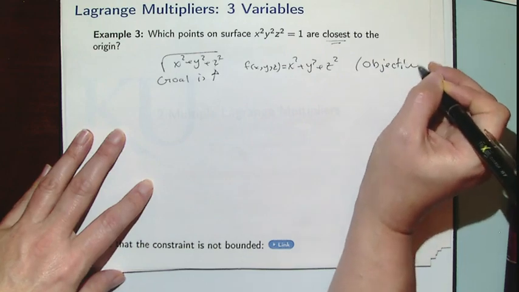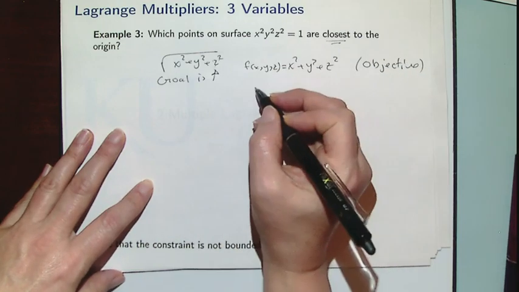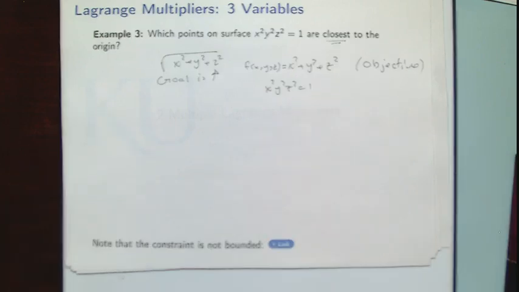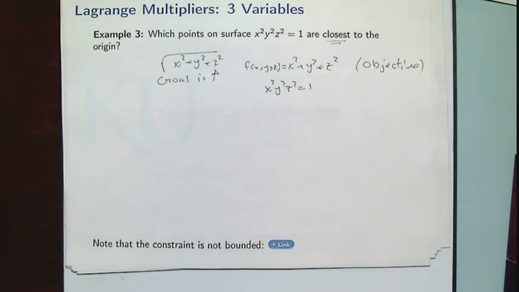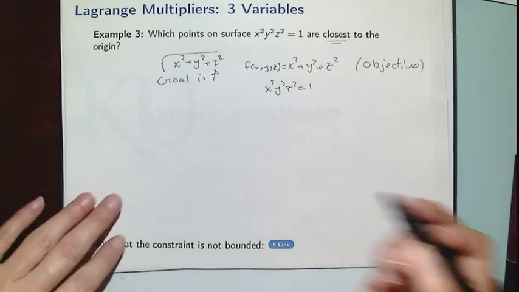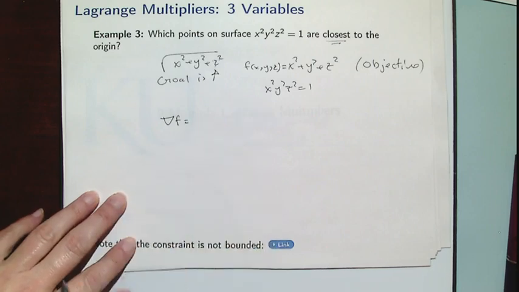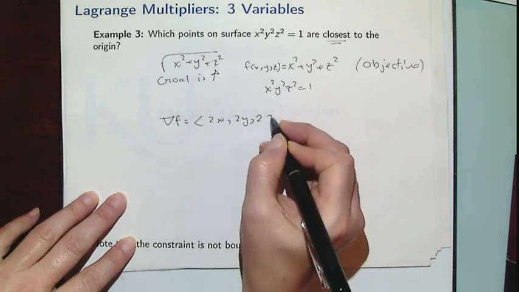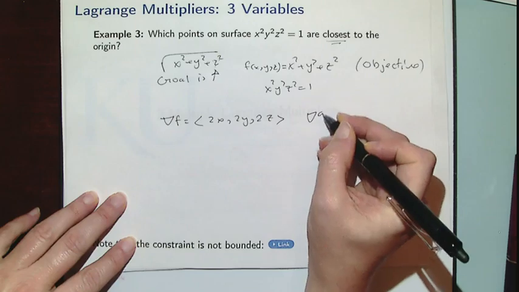And tell me the equation of the other one. x squared, y squared, z squared equal to 1. Okay. Now how do I do it? Again, it's like 2 dimensions, except that you have 3 dimensions. So I find the gradient of f, and that is 2x, 2y, 2z. The gradient of g is what?